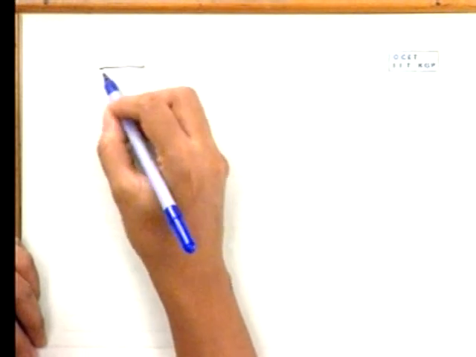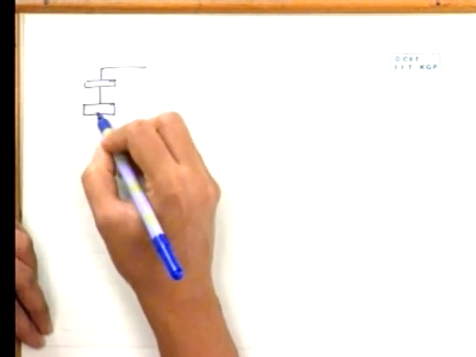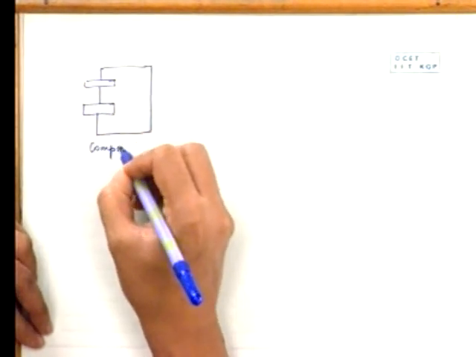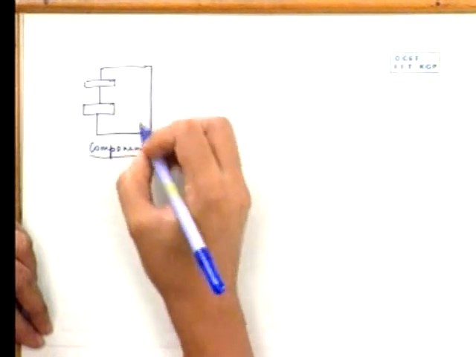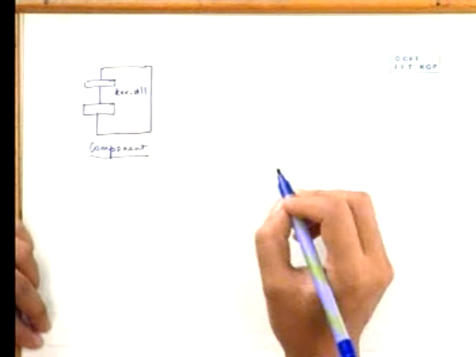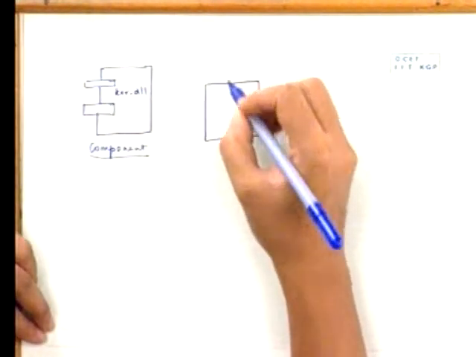Components are specified in this way. This is how components are specified. A node is specified in this way.